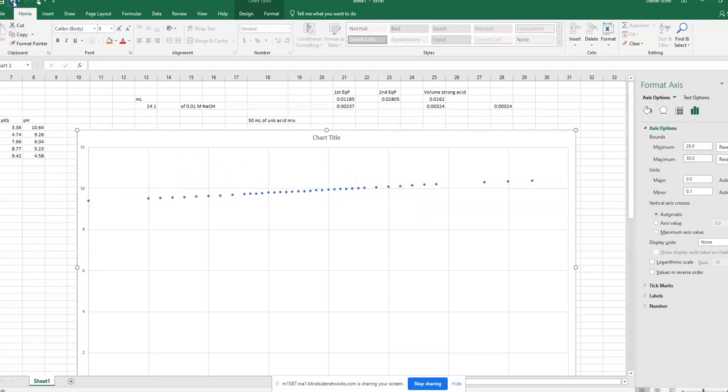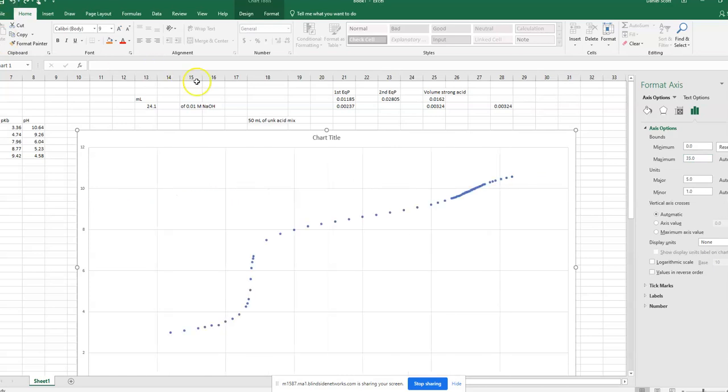All right, well, let's see here. Well, the one thing that might be able to use is the pH, 9.94.